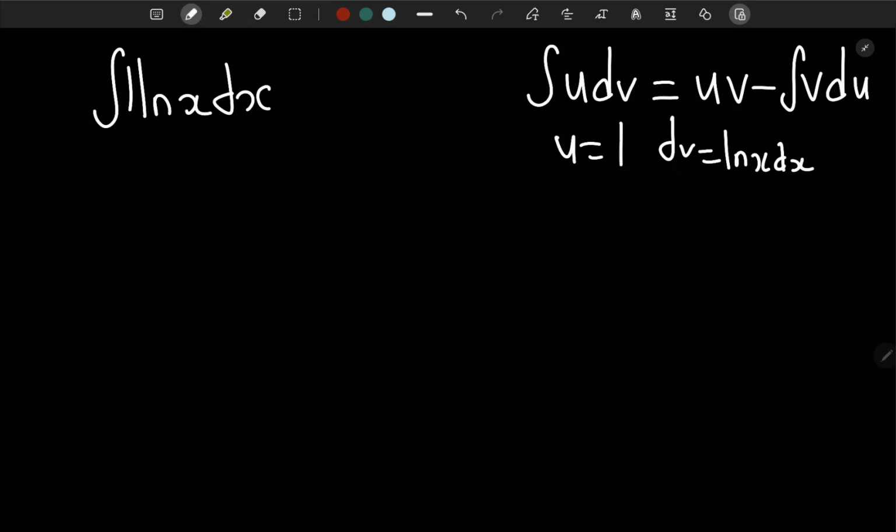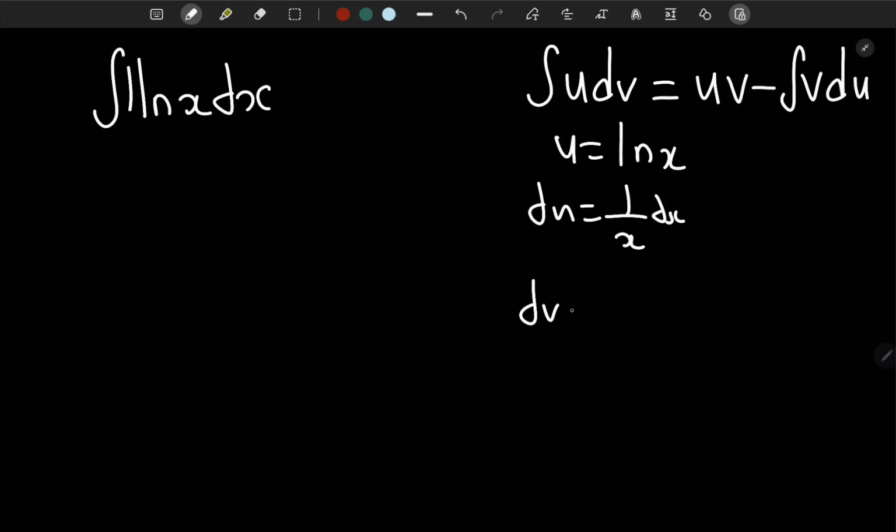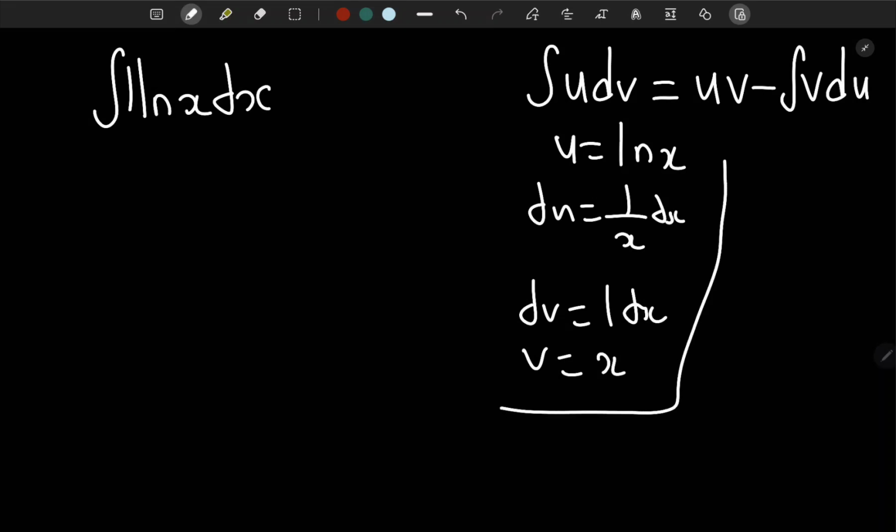So let's take u as ln x, and du will be the derivative of ln x, which is just 1 over x dx. That's pretty simple. You should know that. dv is 1 dx, and v here will be x, and that's it. So now we just need to substitute it back to the formula. So here we have equals uv, so u is ln x and v here is x.